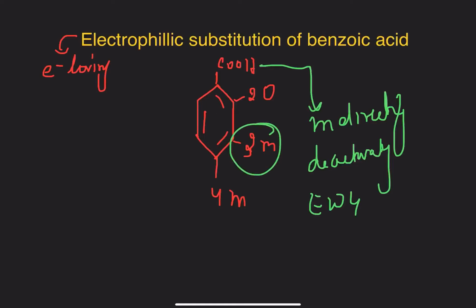So whatever product you get of the electrophilic substitution will be on the third carbon, the meta position, because the carboxyl group COOH is meta directing as it withdraws electrons from the benzene ring. So all the electrophilic products will be at meta, carbon number 3, due to COOH being a meta directing group.